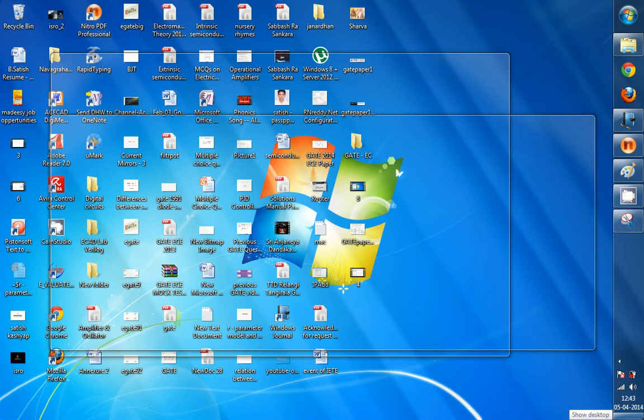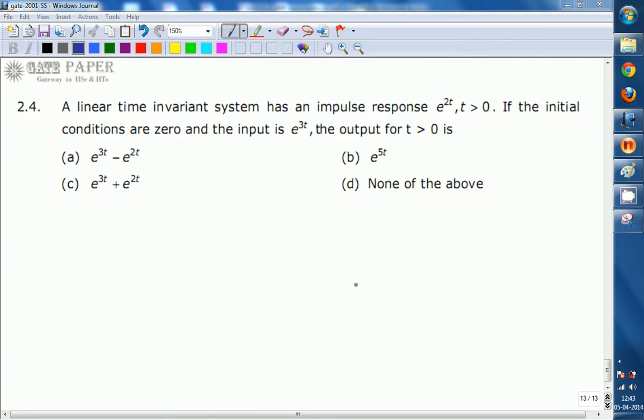We are going to discuss a question from Signals and Systems given in GATE 2000, from LTI systems. A linear time invariant system has an impulse response e^(2t) for t greater than 0.